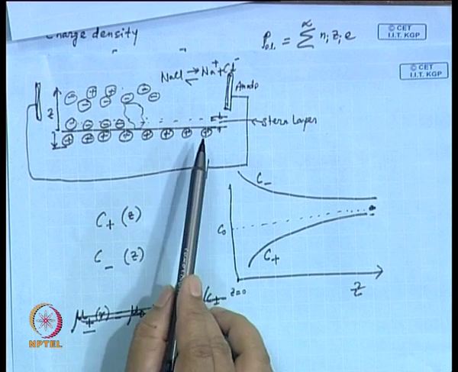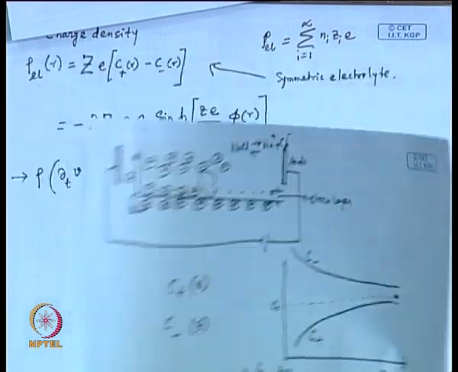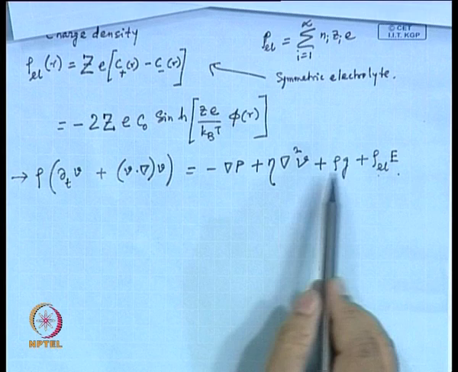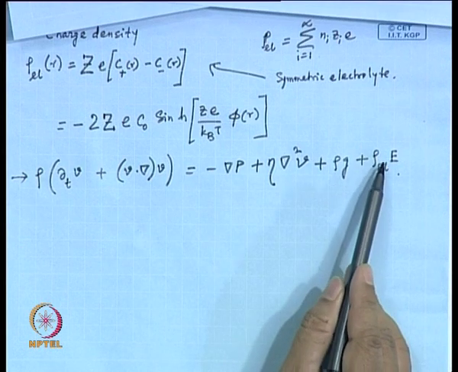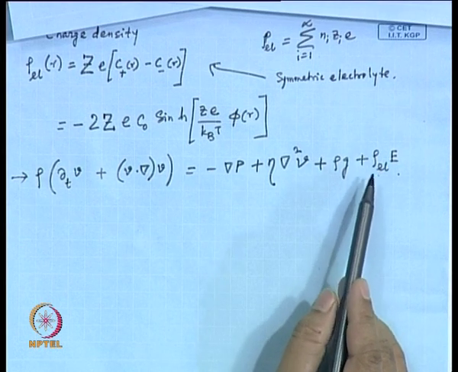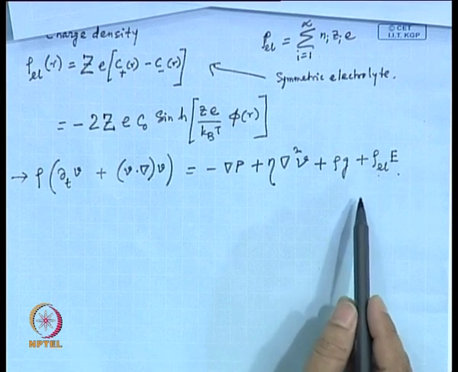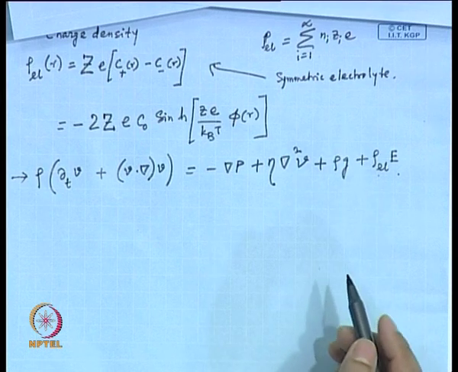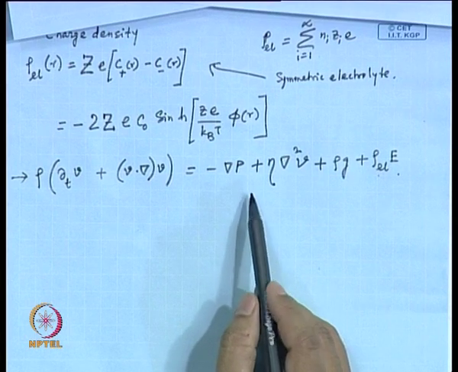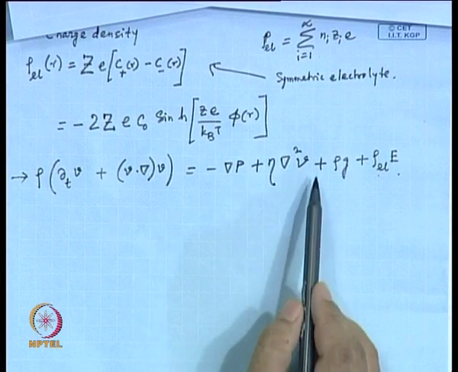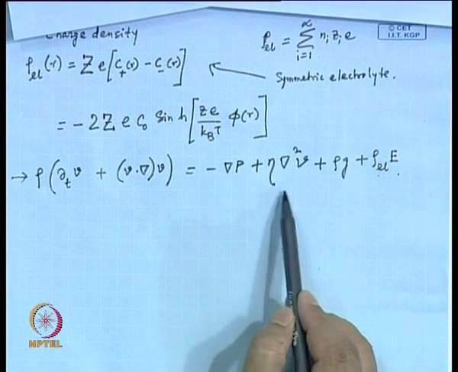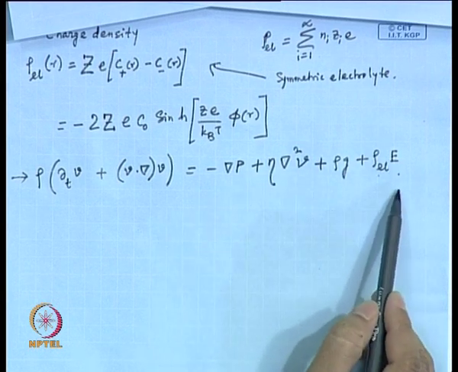Then you need to solve this Navier-Stokes equation, where this rho EL term is primarily operational. If your inlet pressure and outlet pressure are the same, if delta P does not exist, then for a steady state case it would be just an interplay of this term and this term.